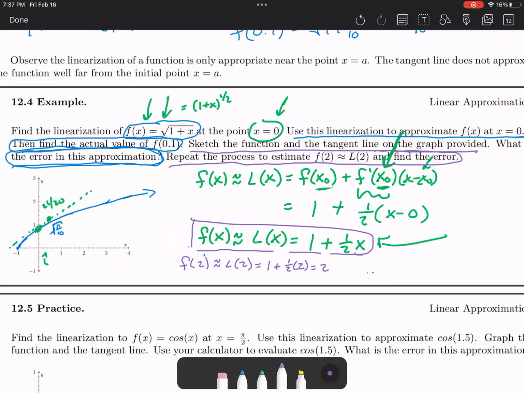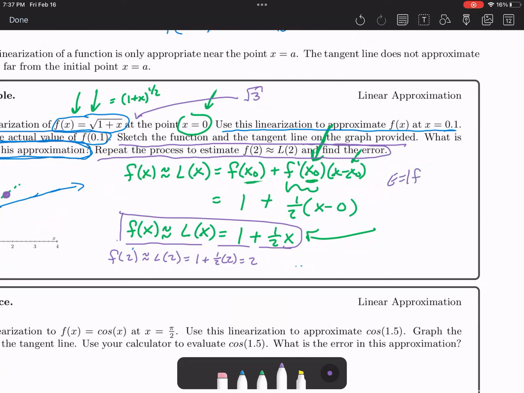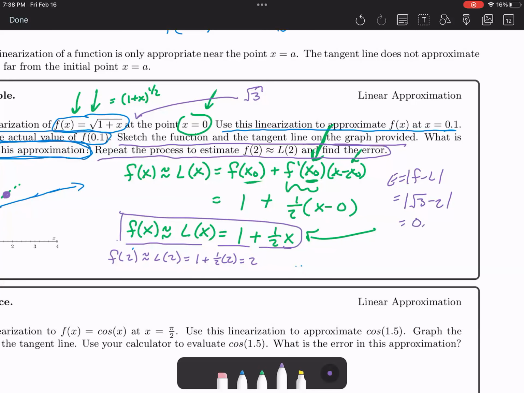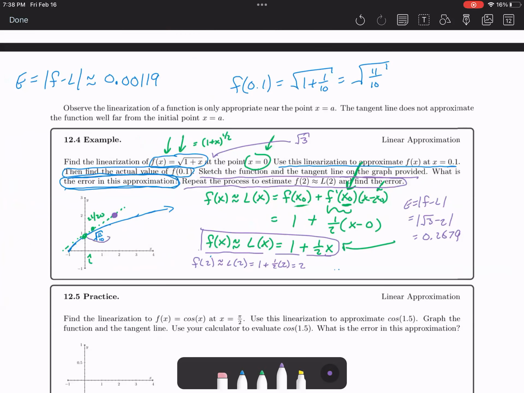All right, so our straight line over here at 2 returns us a y value of 2. The original function returns a y value of square root 3. Now the error in that approximation is the absolute value of the difference. So that is the absolute value of square root 3 minus 2. And again, skipping the algebra, you end up at 0.2679. So notice your error got bigger because you tried to move too far away.